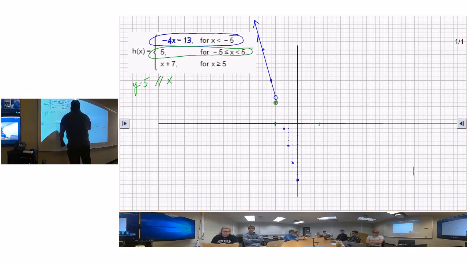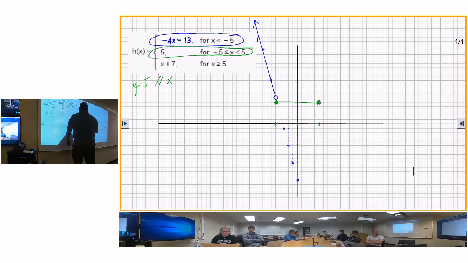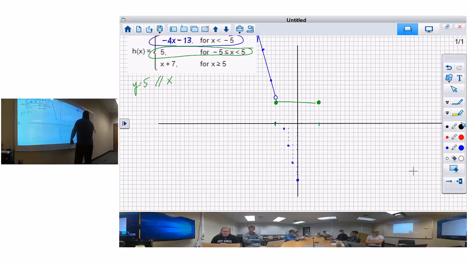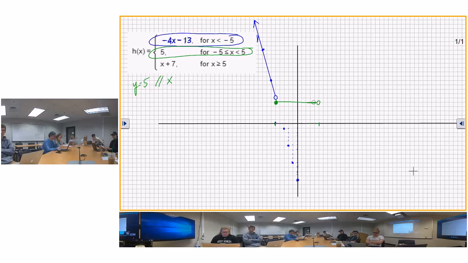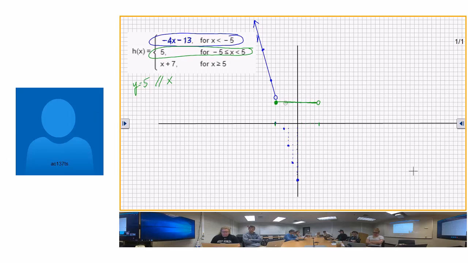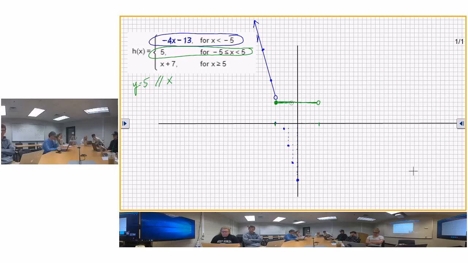Yes, that would be an open circle, closed circle. Oh, that's an open circle. There you go. Everybody good?